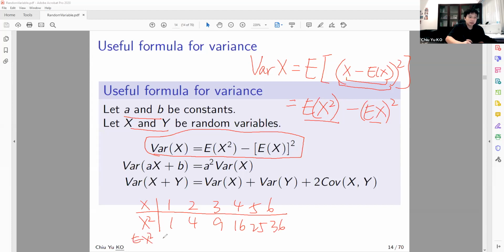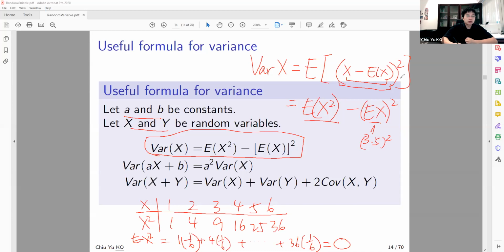It's just 1 times 1/6, because everything is 1/6, right? So it's 4 times 1/6, okay? Until 36 times 1/6, okay? You calculate this, right? And minus, this is 3.5, if you remember the example, squared. You take this minus this, you'll get the same result, okay?